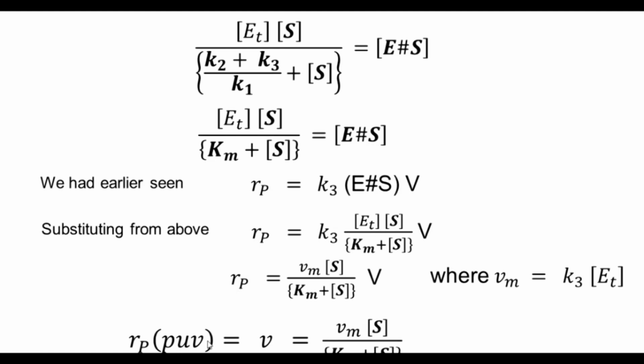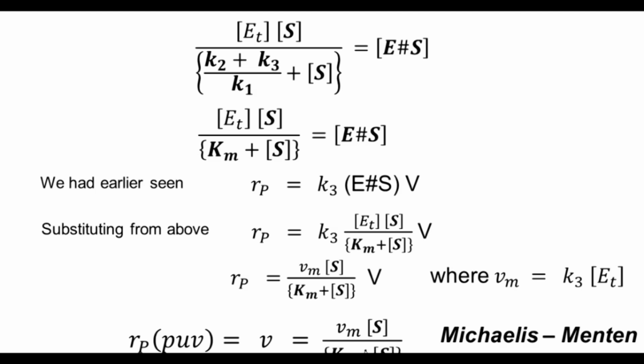Rp on a per unit volume basis, on a concentration basis, let us call that V, to be consistent with the terminology that you would be familiar with. So V equals Vm S by Km plus S. Does this appear familiar? Of course it does. This is the well-known Michaelis-Menten equation.